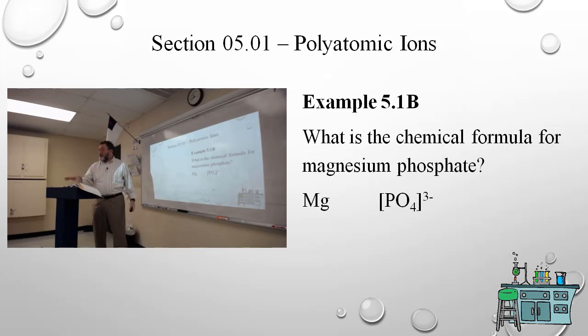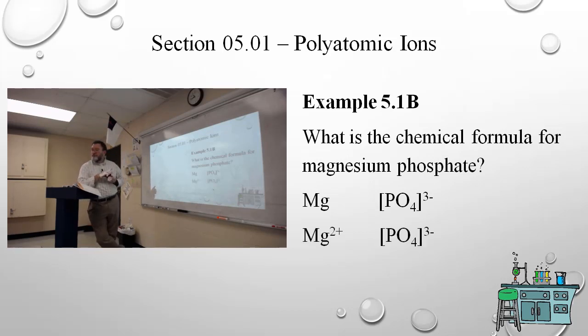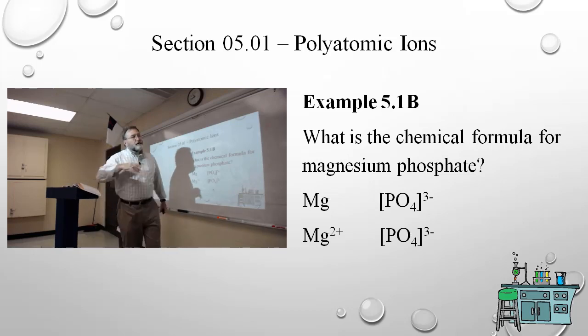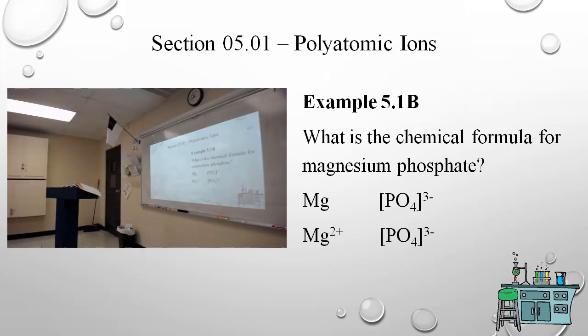What are the ionic charges of these two? When magnesium becomes an ion, it takes on a 2 positive charge, right? Magnesium, column 2A, row 3, 2 valence electrons. Metal, when it sheds those 2 electrons, it becomes a +2 ion, or 2+ ion.